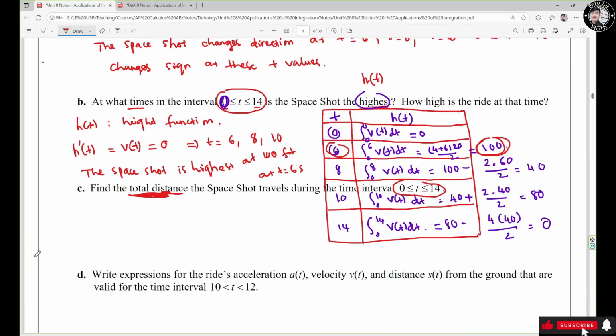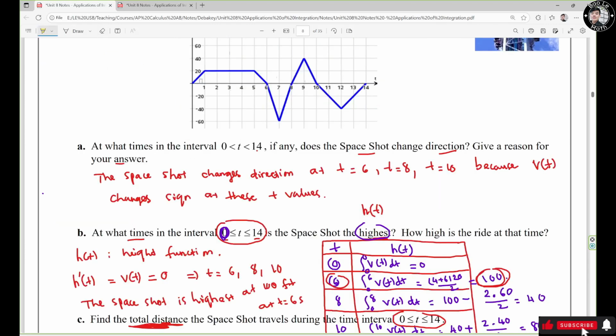So it's going to be the integral from 0 to 14 of the absolute value of v of t dt. Now it's going to be the area of this guy right here, add the area of this guy, add the area of this guy, add the area of this guy, right?